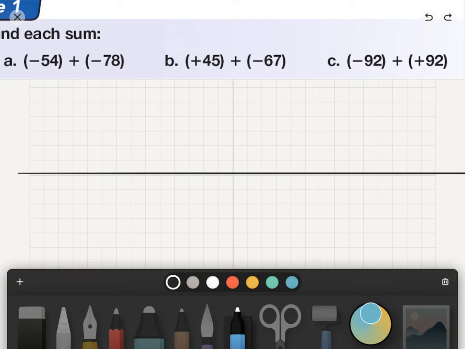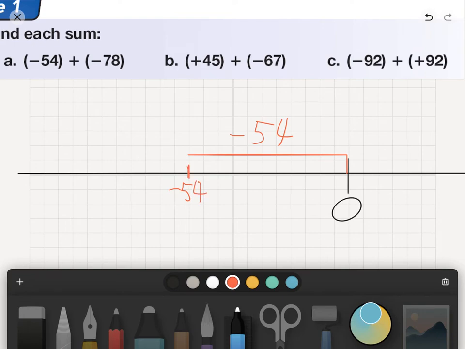If we're thinking in terms of the number line, for A, we start at 0, and our first value is negative 54. That sends us to the left of the number line, and we end up at negative 54.